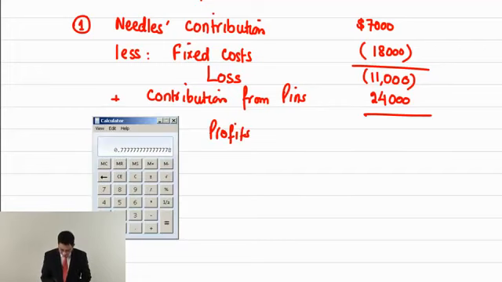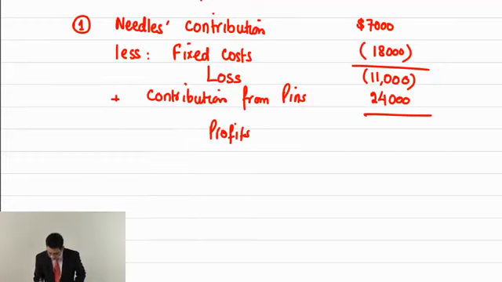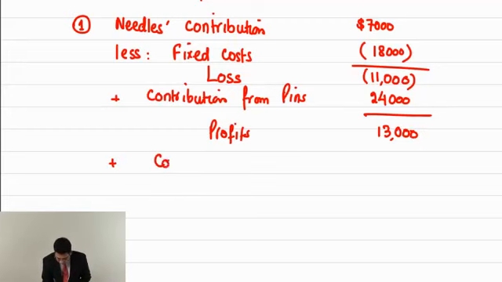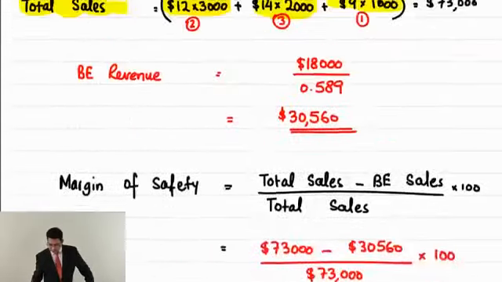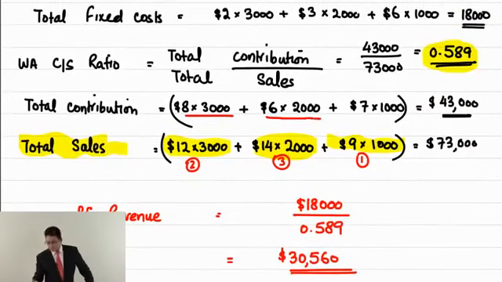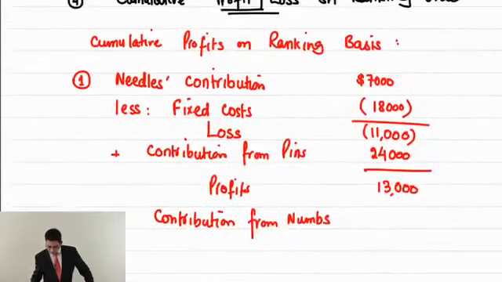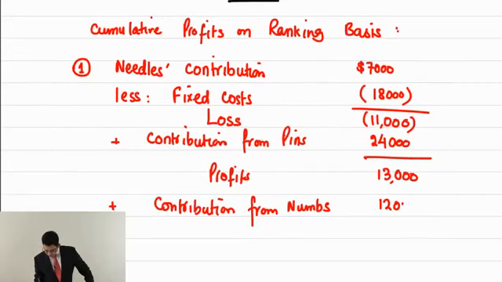So 11 is loss plus 24,000 makes up 13,000, and then we will add contribution from nums, which you can see here, 6 into 2, 12,000. And here comes the cumulative profits.